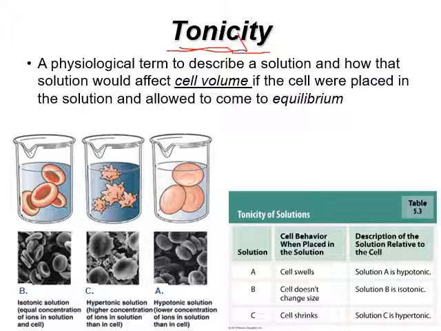What I want you to remember is there's 300 milliosmoles of non-penetrating solutes inside the cell.